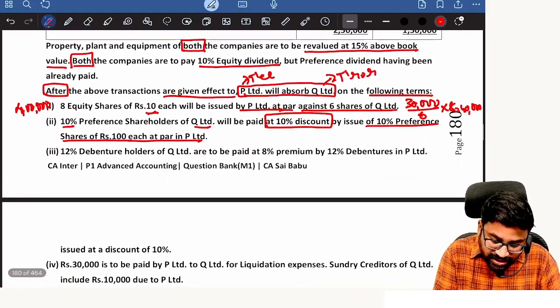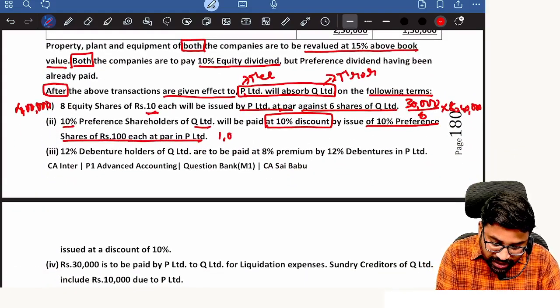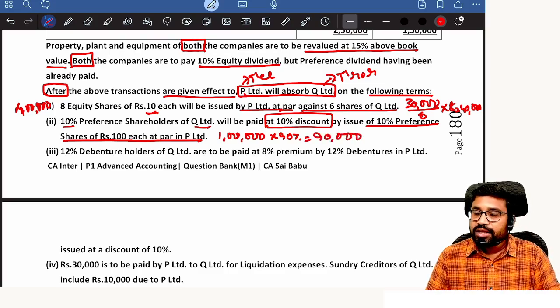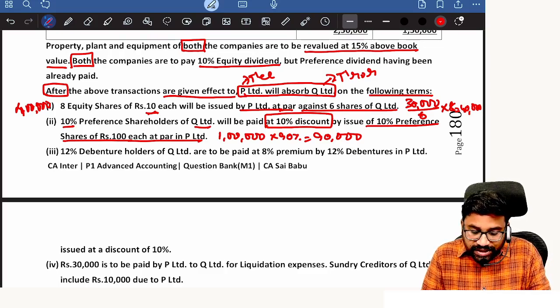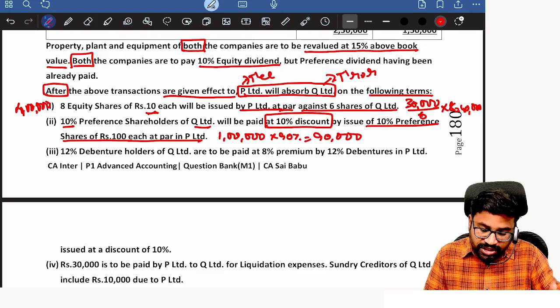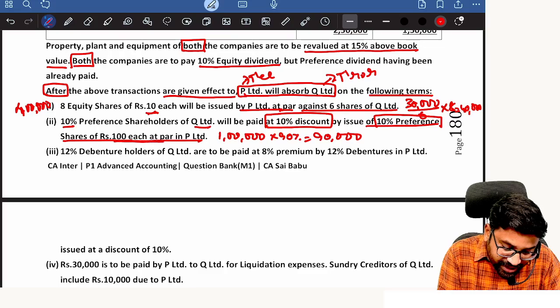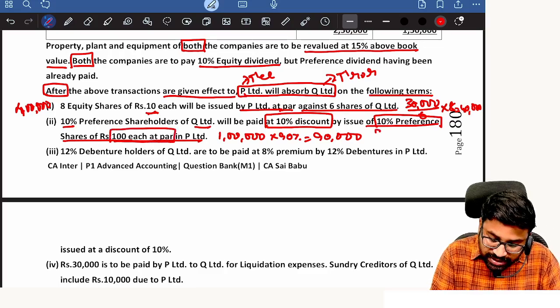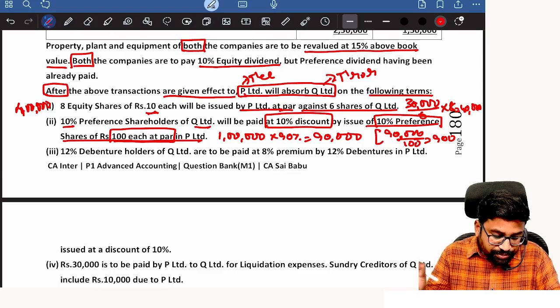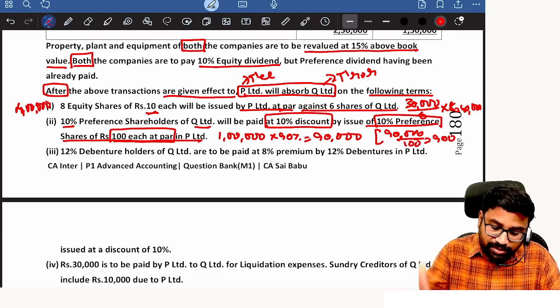This is paid at a 10% discount. That means 1 lakh into 90%, therefore 90,000 is the PC. This 90,000 is paid by issue of 10% preference shares of 100 each at par. That means 90,000 divided by 100, 900 preference shares of 100 each at par will be given.